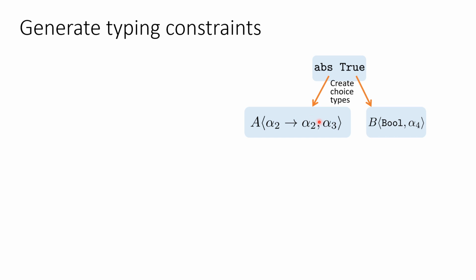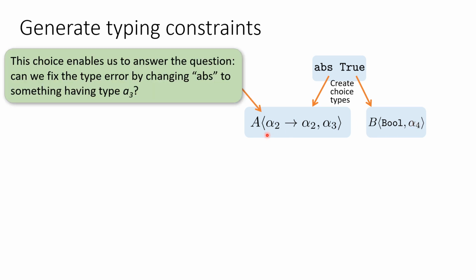For the second alternative, we assign the type alpha3 to indicate that we can change abs to anything to remove the type error. Since alpha3 is unconstrained, the idea is that we can change abs to something that has any type. Similarly, for true, we create a choice whose first alternative is bool and whose second alternative is again a fresh type variable.